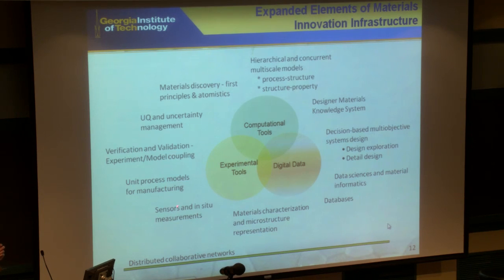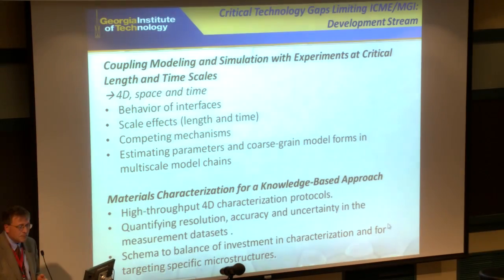So for example, you see here unit processes for manufacturing, sensors, characterization, data sciences and informatics, databases, decision-based multi-objective design exploration, detailed design phases, knowledge systems, which would be like a knowledge database in the AIM program, multi-scale models, discovery, and uncertainty management. Those are the elements. There may be more, but those are the core elements.